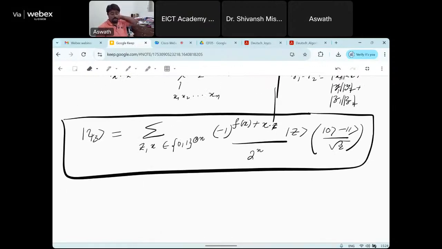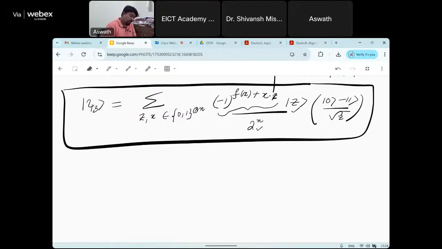Now try to analyze the query part only. What is the query part? Query part is this one and its corresponding amplitude, which is multiplying, and the amplitude has some parity which is dictated by the product of x and z, and also f of x would dictate. Very important.